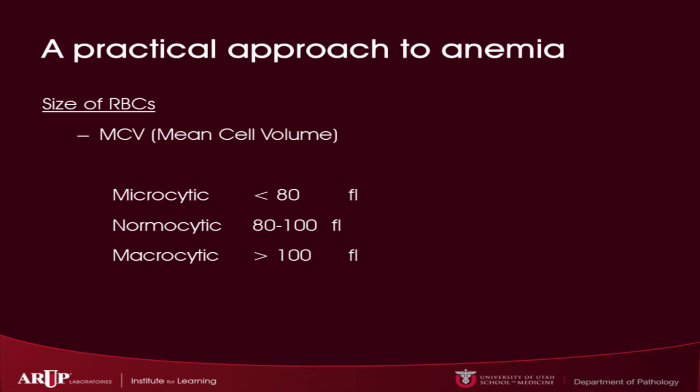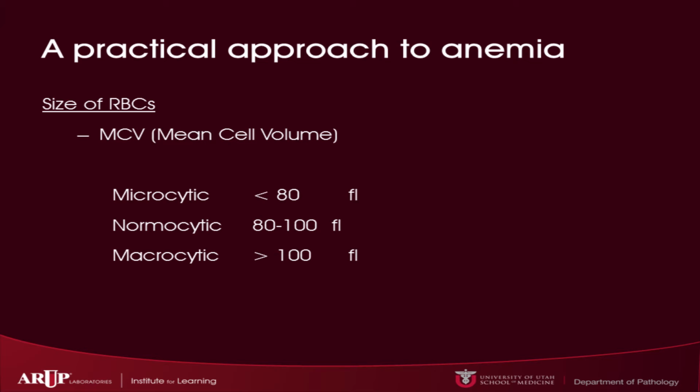So, a practical approach: where do we start? The first and the most important thing is to know the size of the red blood cell. We can try to look under the microscope and estimate the size of the red blood cell. Most of the time, as a hematopathologist, we are trained to estimate the size of the red blood cell.